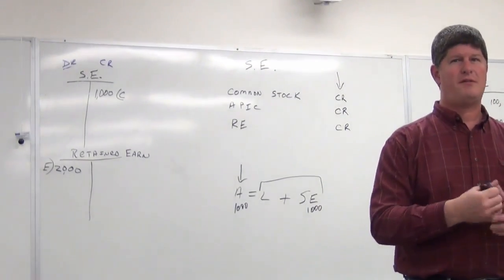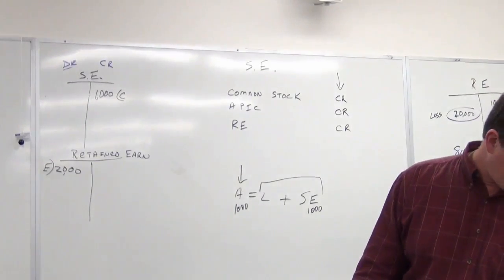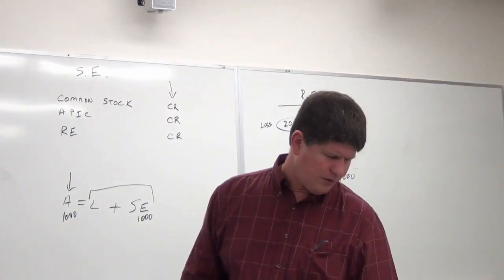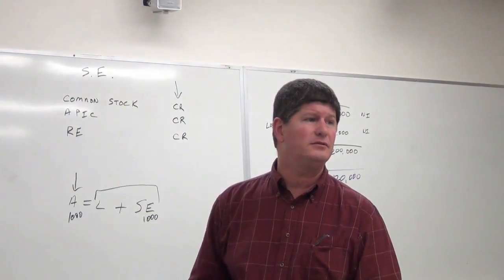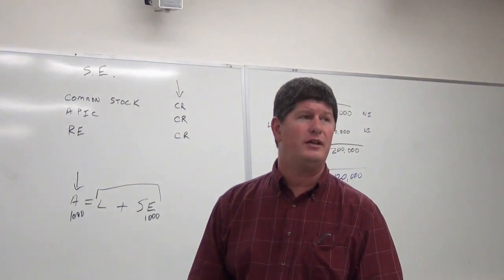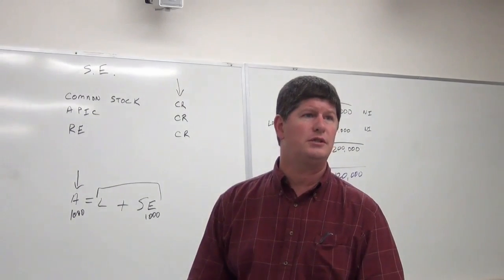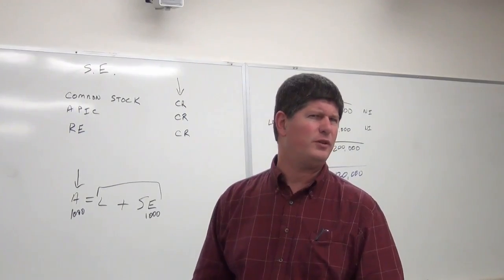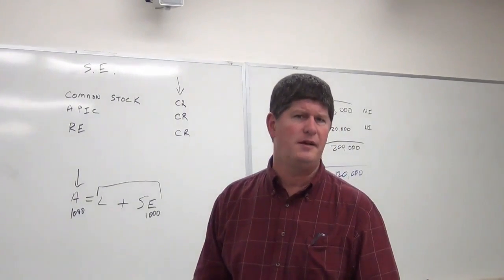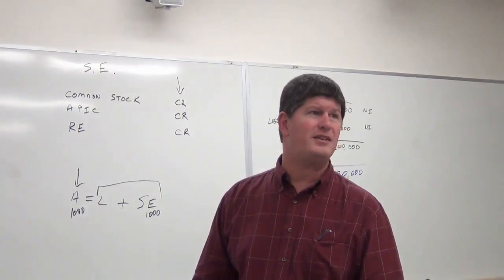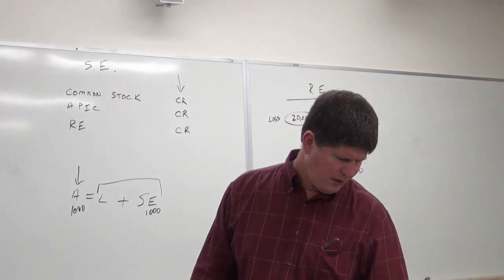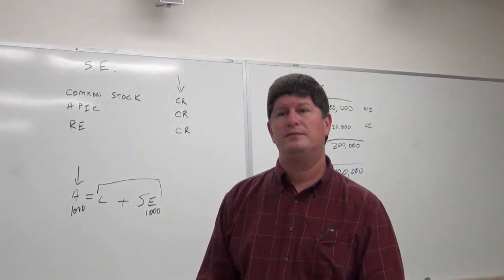Other questions? How far down were we here? Patents. Is a patent an asset, right? Are they long-term, current? They're probably long-term because they're good for 12 or 14 years. I forget right off the top of my head. As an asset, they increase as a debit. Income tax payable.